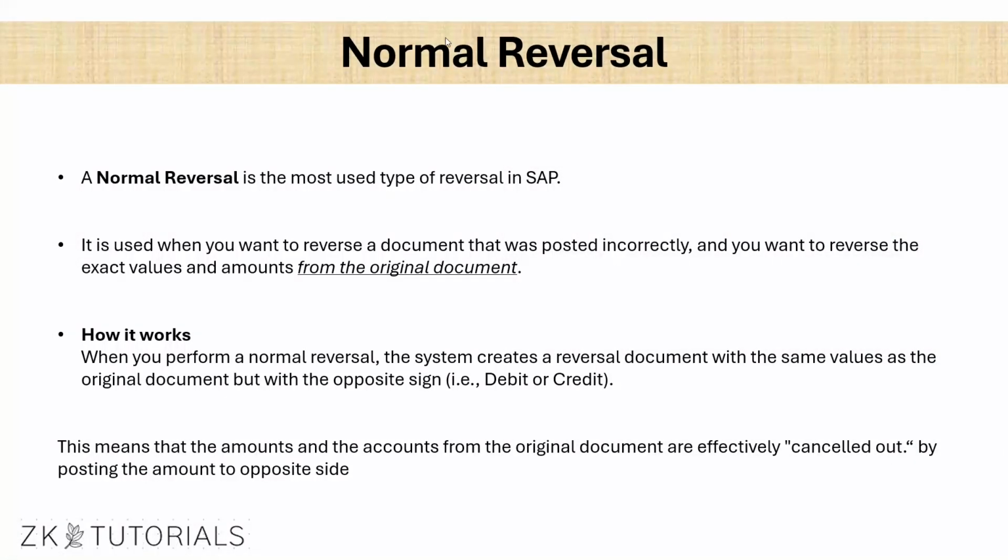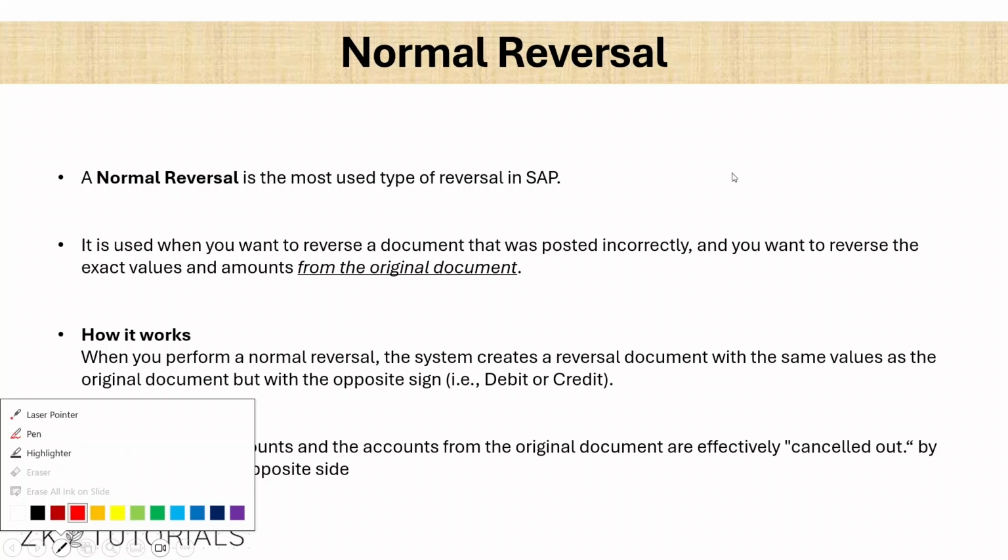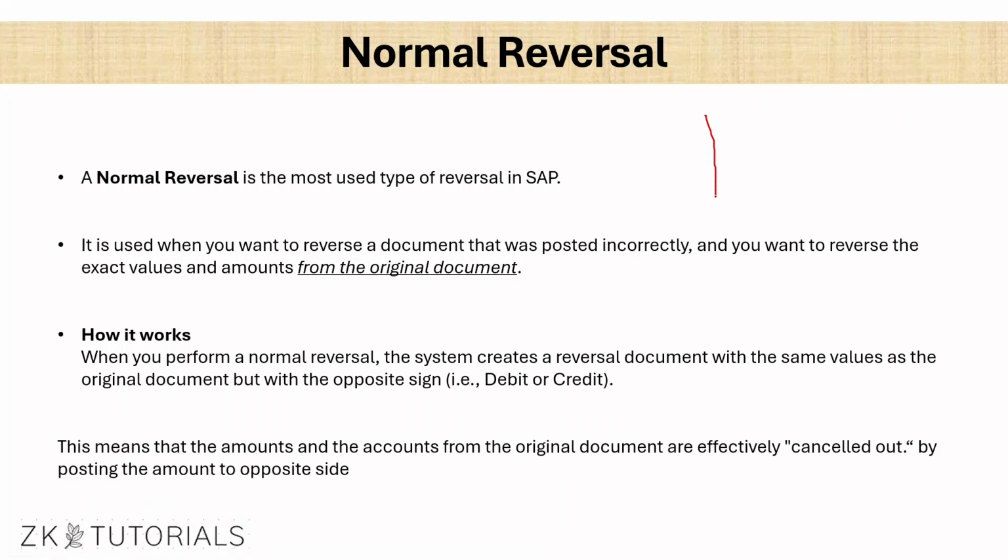Let us understand the meaning of these sentences, for example, how it works. That means we have an account. I'll explain with a diagram. This is an account.